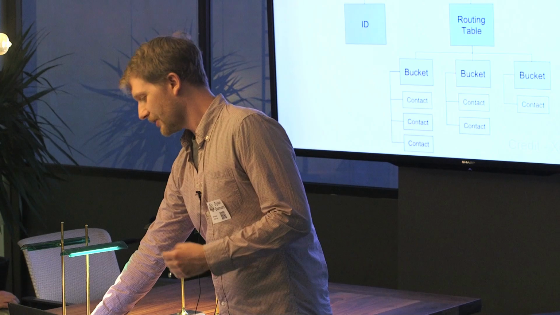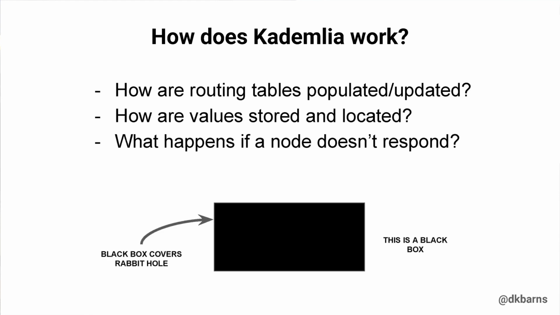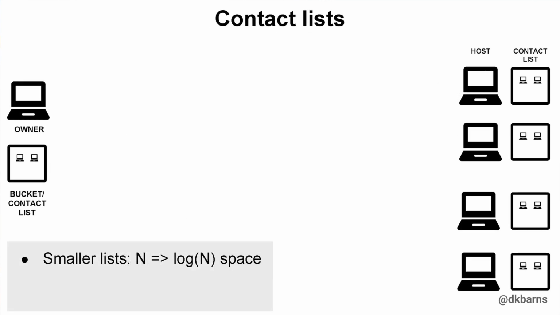These are interesting details, but there are a lot more questions about how this system would work, and it would take, honestly, a lot of time to explain. So I'm not going to do it. We're just going to black box this for now and hop over that rabbit hole. But let's return to our system.